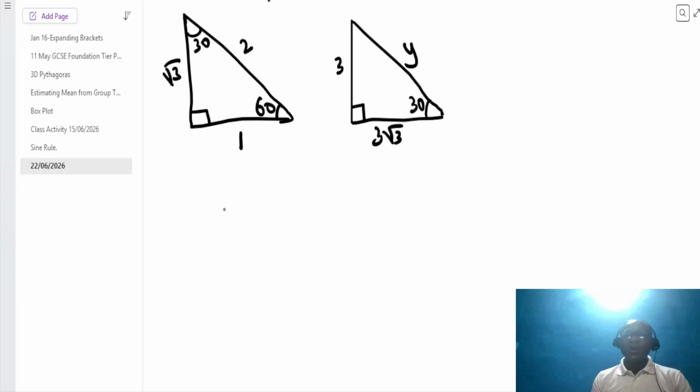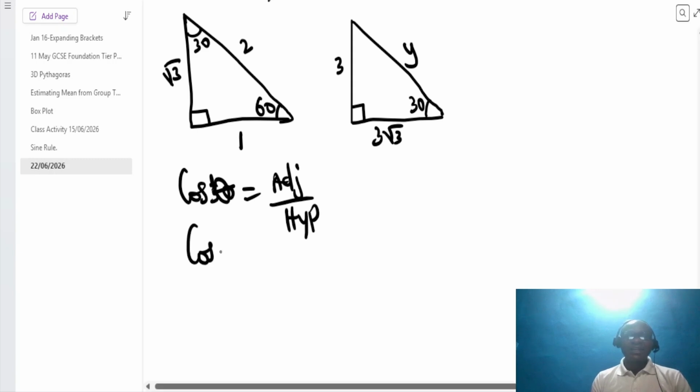I can use cos, and cos theta is equal to adjacent over hypotenuse. The theta here is the angle, which is 30. The adjacent of this triangle is 3 square root of 3. The hypotenuse of this triangle is letter y. Am I correct?